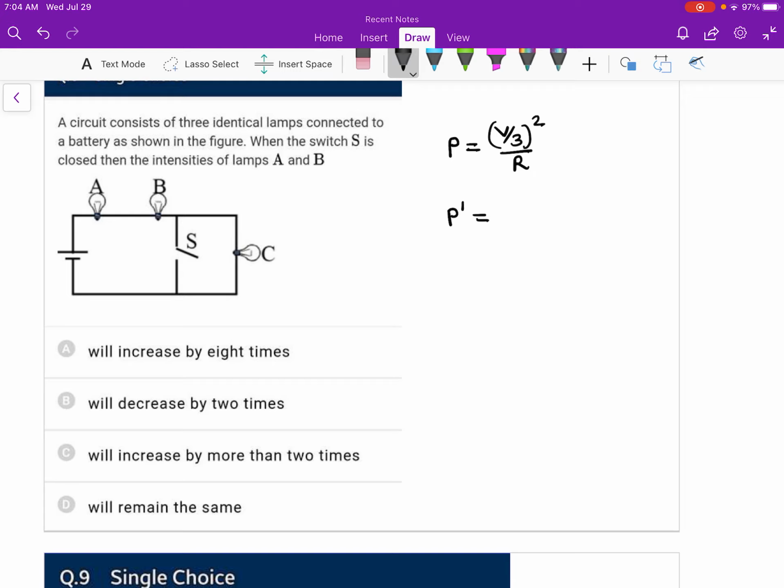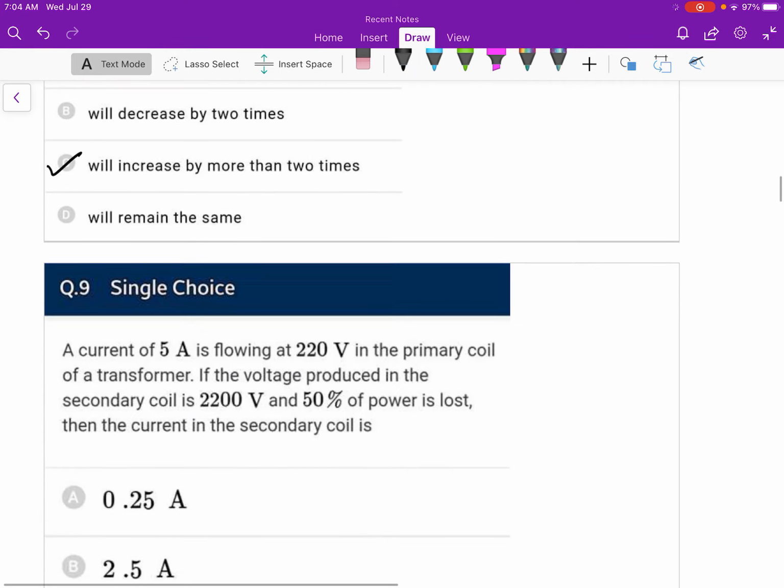So now in the circuit there are only two bulbs. So voltage across each bulb is V by 2. So (V by 2) square upon R, power consumed, that is V square by 4R. So now P dash upon P is 9 by 4, which is 2.25. So it will increase by more than 2 times.